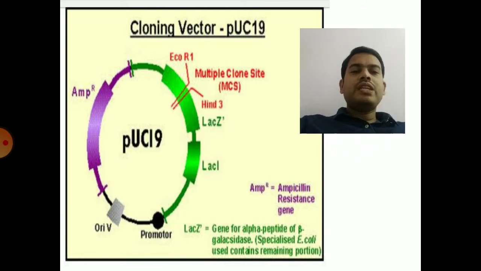So the next plasmid is pUC19. It is also a cloning plasmid, a cloning vector. pUC means plasmid University of California.